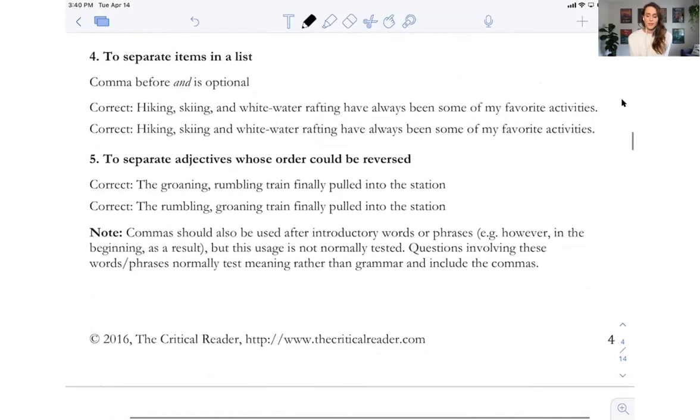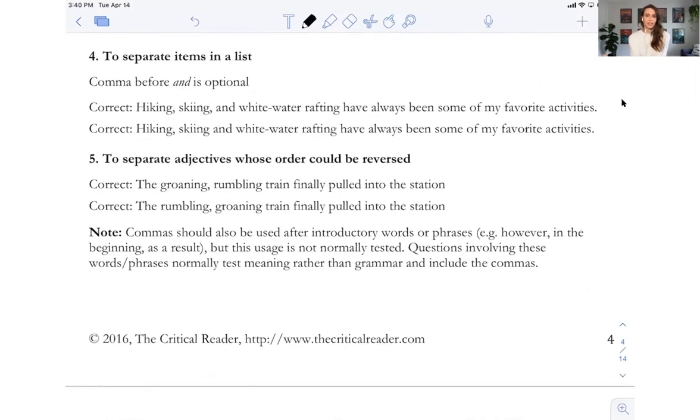We need commas to separate items in a list. So if I have a series of items, I need a comma between each item. And again, remember, they're testing you on more than one thing for each question as much as possible. So if you see items in a list, we also need to make sure that they are in the same form.